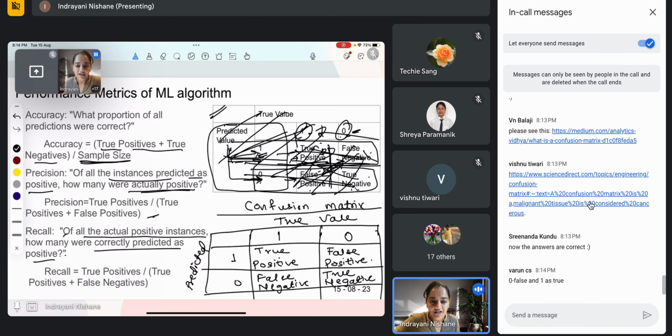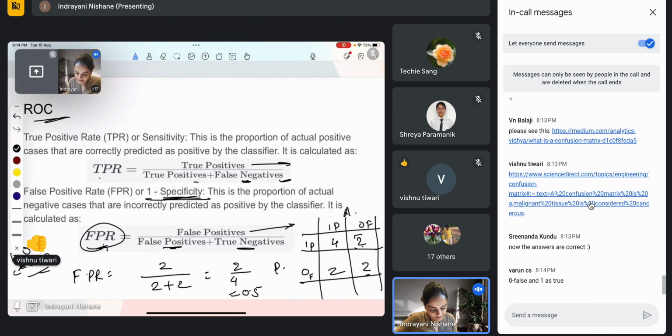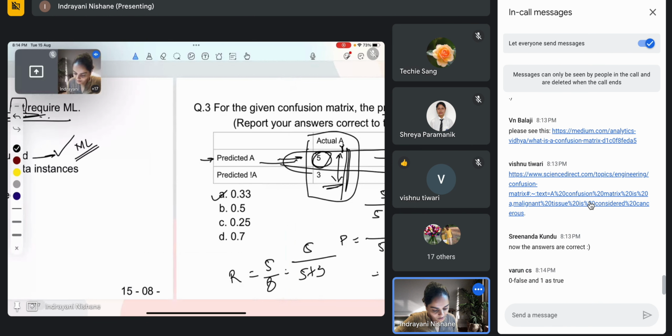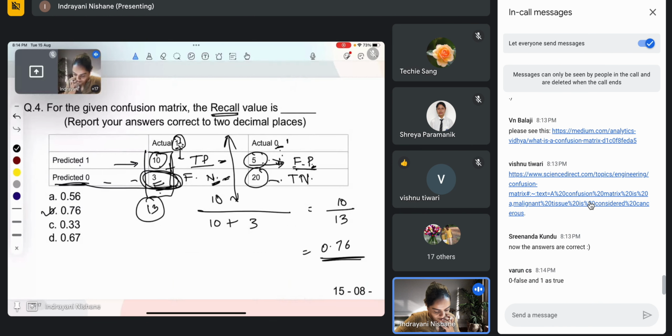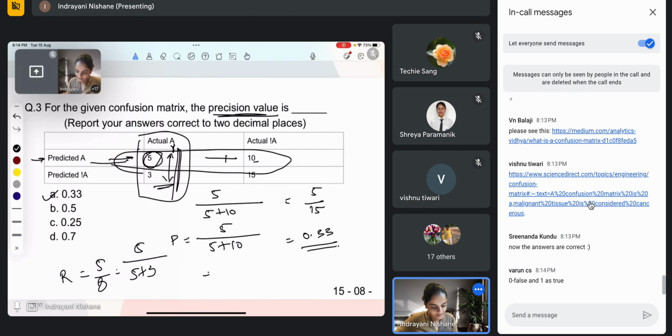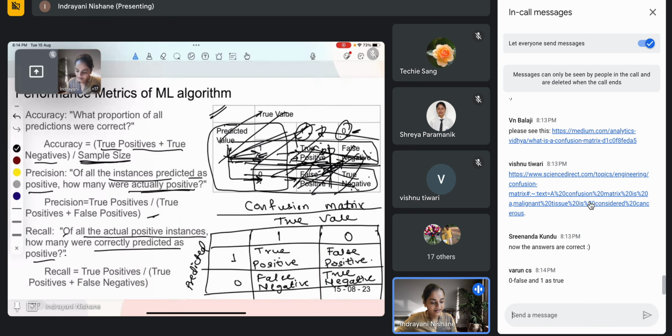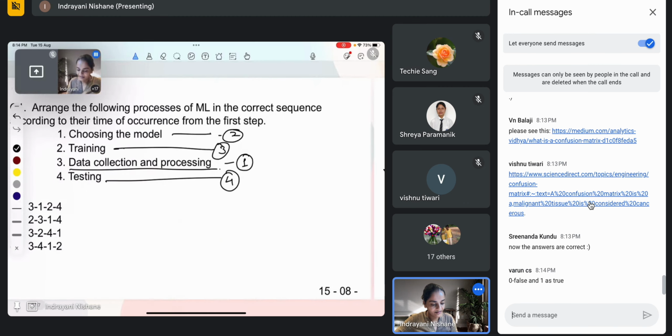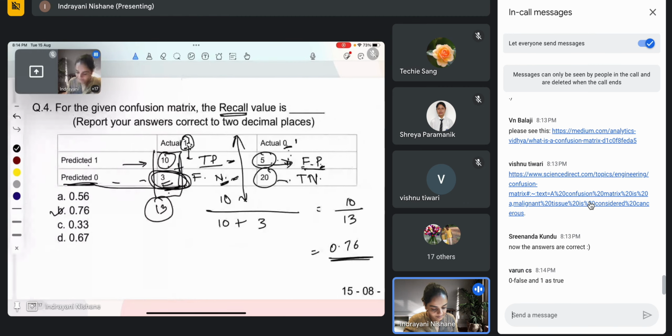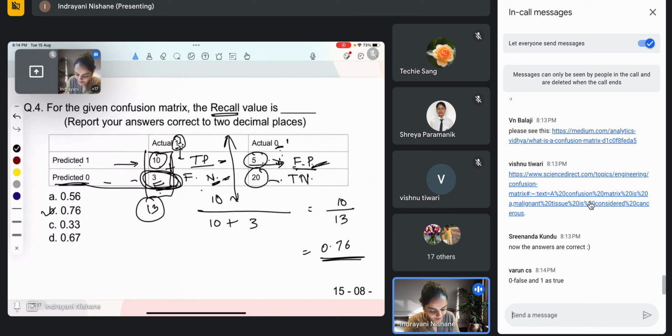I think when I was explaining it to you, I did not make that mistake. Let me check once again if I have written it there correctly. On which question were we? Yeah, false positive, false negative. I think here I wrote it correctly, but in the great confusion matrix which confused everyone, including me, I had made a mistake.